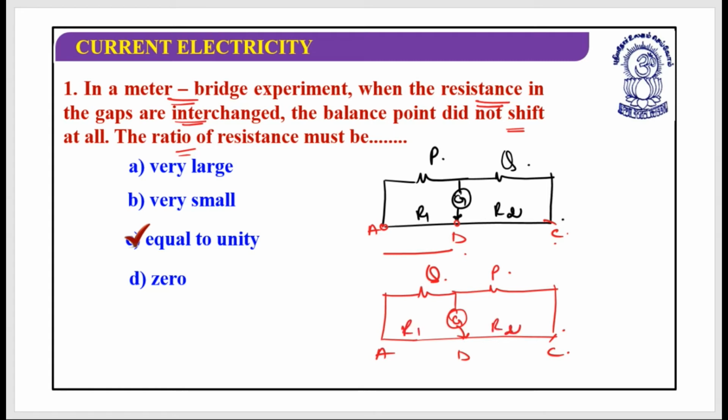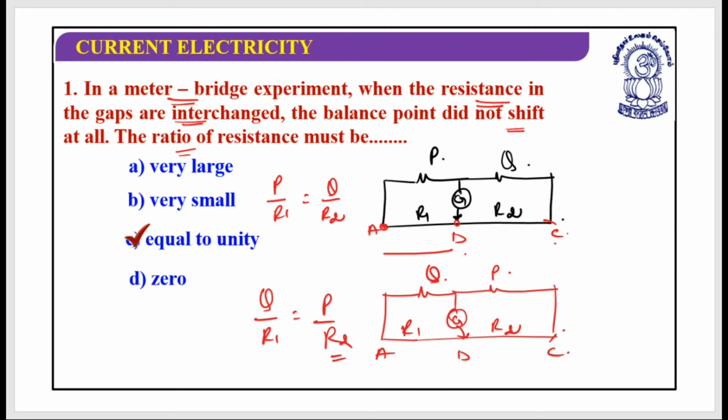So in the first case, the situation was P by R1 is equal to Q by R2. Now in this case, the situation is Q by R1 is equal to P by R2.